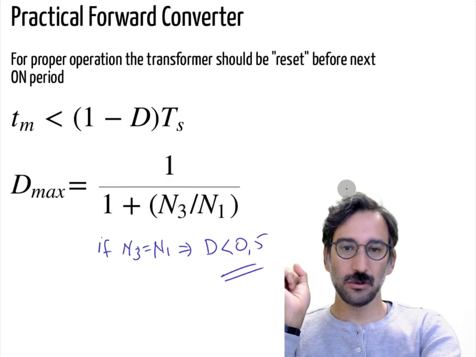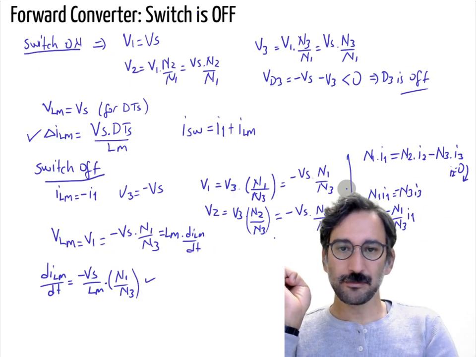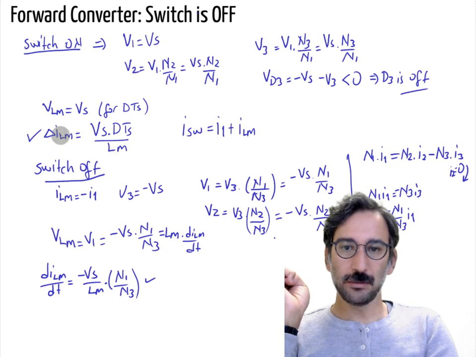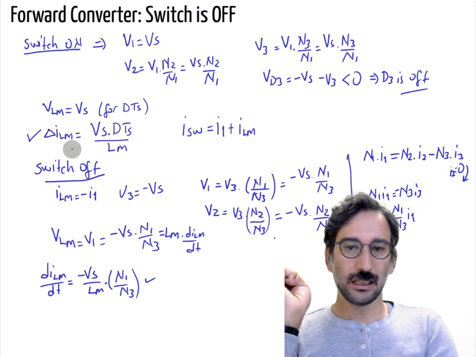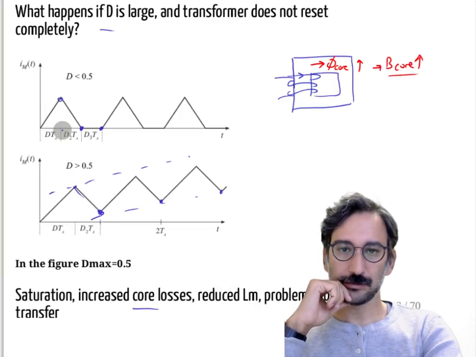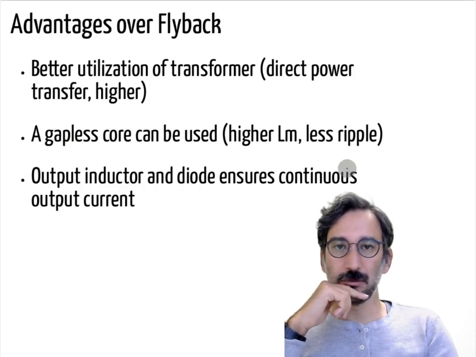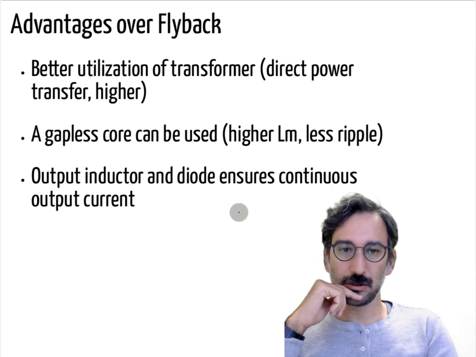And if you manage to increase LM, you will have less problem with the maximum current in the LM. If the LM is smaller, then you will have to deal with a larger current here. So transformer design, magnetic design is really important for those isolated converters.